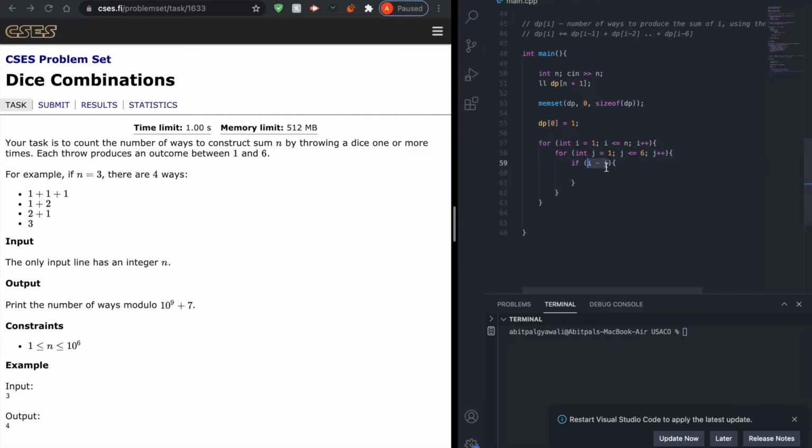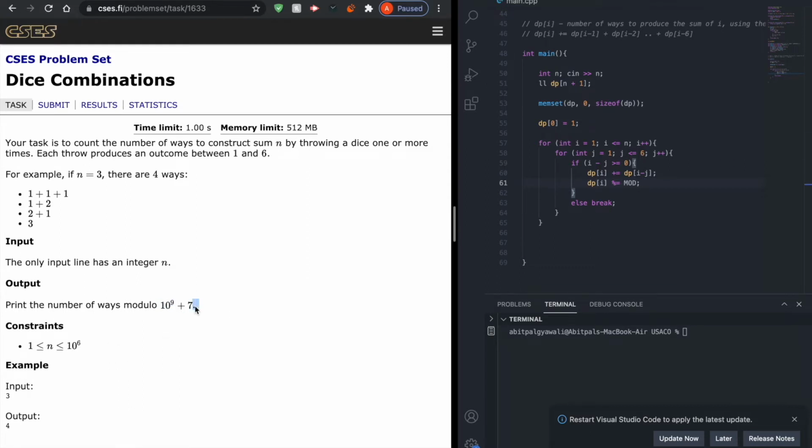Then we do dp[i] plus equals dp[i-j]. And then that's basically the code. Else we can just break. And then I forgot something: dp[i] mod equals mod. So we're just taking the modulo of it.